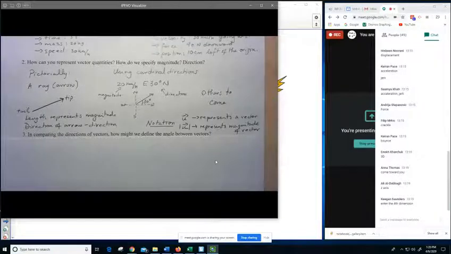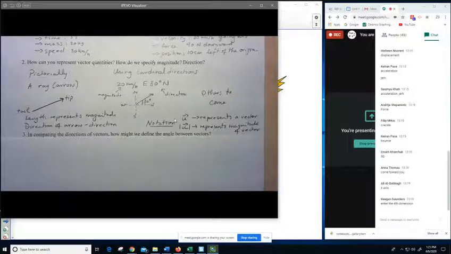Whereas if you want to represent a vector, we use this little arrow above your letter. Okay, not surprisingly, since the arrow is kind of our nice pictorial representation of a vector. All right, so this represents both a magnitude and the direction.